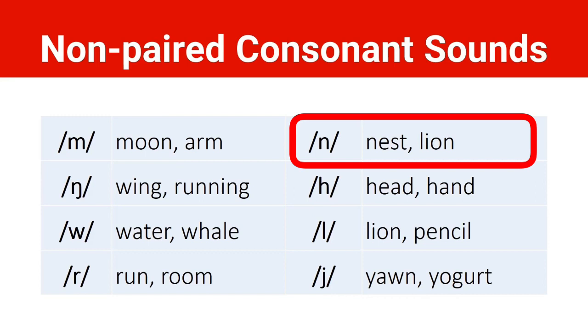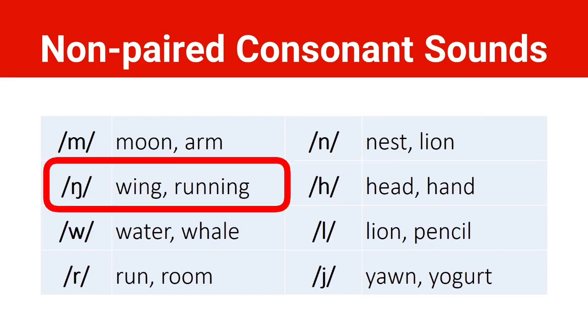N: this is also a nasal sound. Nest. Lion. Ng: wing, running. This sound usually occurs when we have ing or ink endings. Wink. Wing.